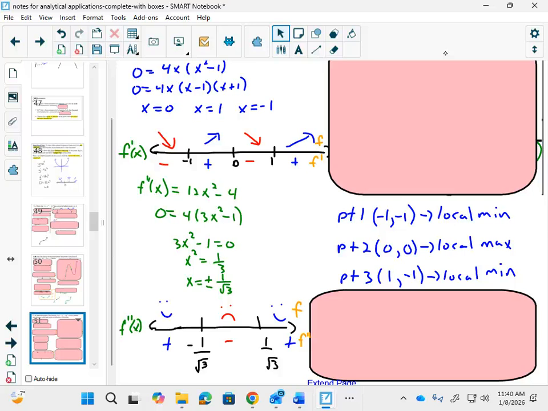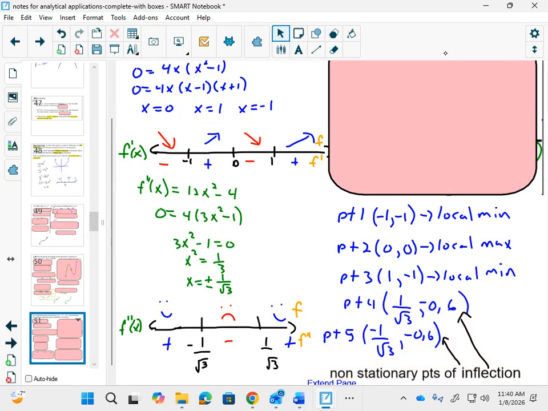We plug those points in, and this is why it was calculator, 0.6, or negative 3/5 and positive negative 3/5 both times. Those are inflection points.